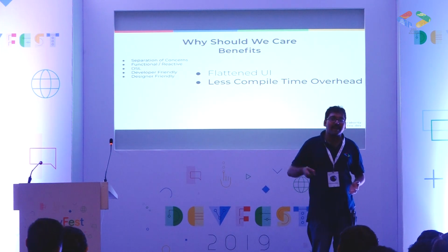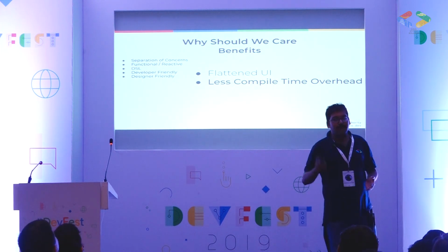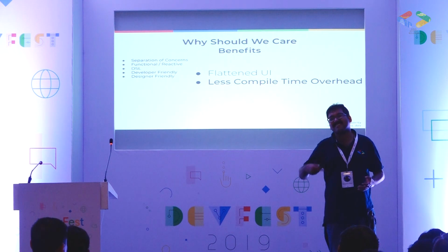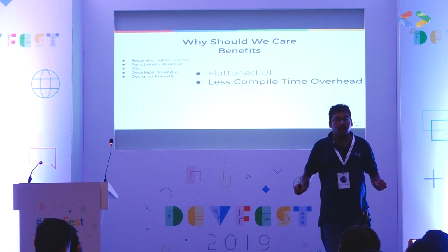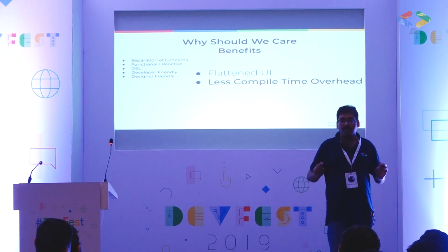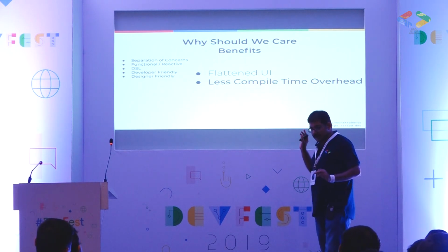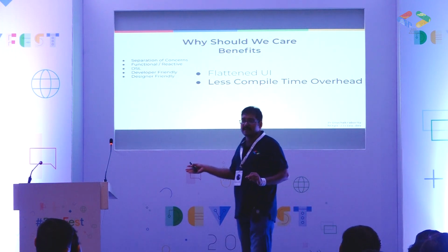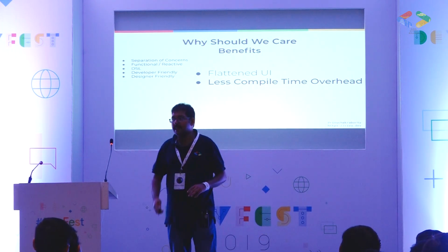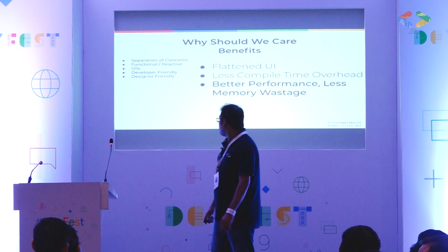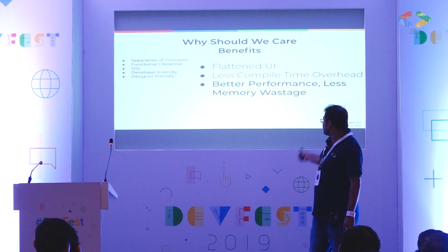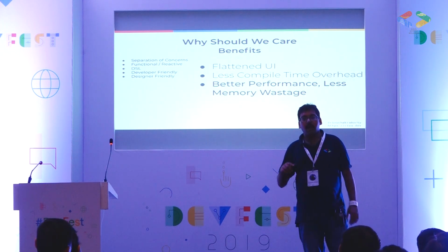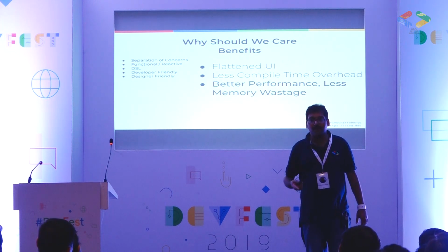Because it's constantly compiling the XML whenever you make a change. With Jetpack Compose, you are writing simple Kotlin code or functions, so the compile overhead is much less than compiling XML. Then, better performance and less memory wastage. How? I will dive into that later.